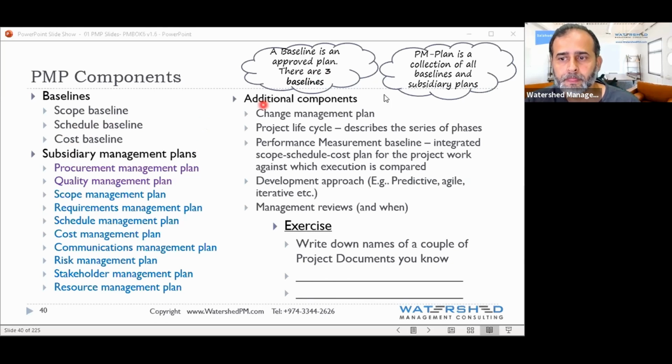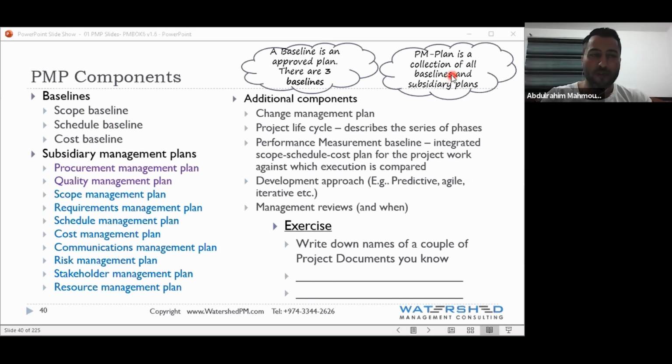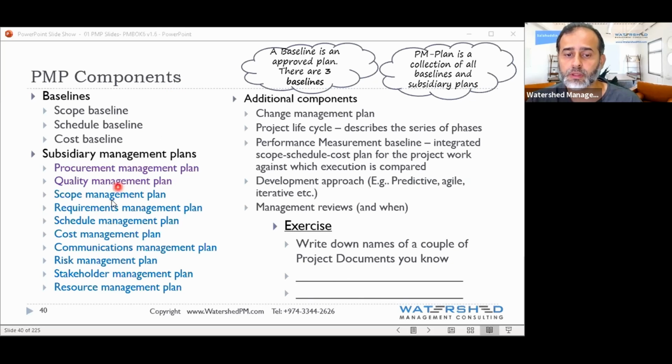I don't want to mix things. We have to get approvals on these baselines, then we can add the others like quality and procurement? No. Here's the thing. If you are not done with your quality plan, don't get your baselines done. Theoretically, you might not do it like this, because you can do your scope baseline very early.